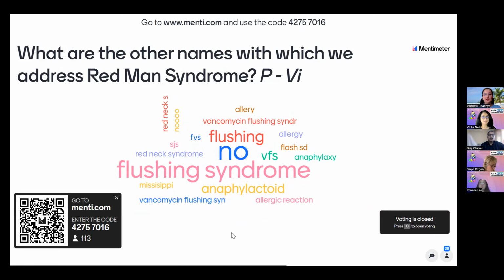Absolutely. Thank you, Dr. Vibha, because we need a single name for the single reaction. Hence, vancomycin infusion reaction is the most appropriate scientific name.